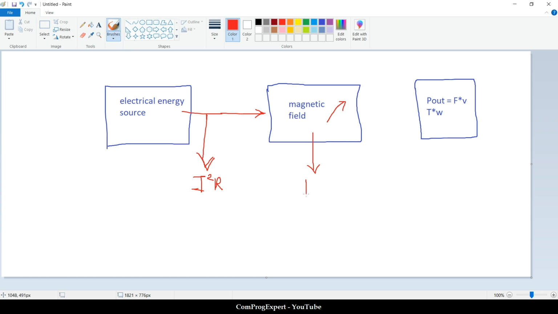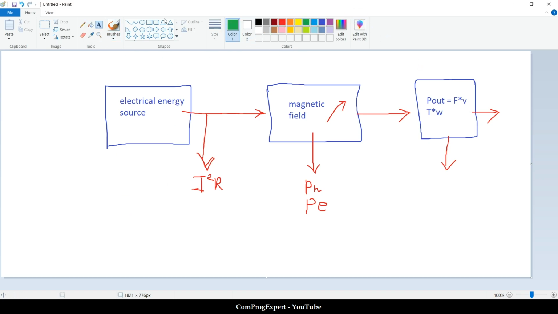You know that we have P hysteresis and eddy current losses. This energy, right, is converted into mechanical one. Also, here we have mechanical losses, windage and friction losses. And finally, we have net mechanical energy output. So this is motor operation.